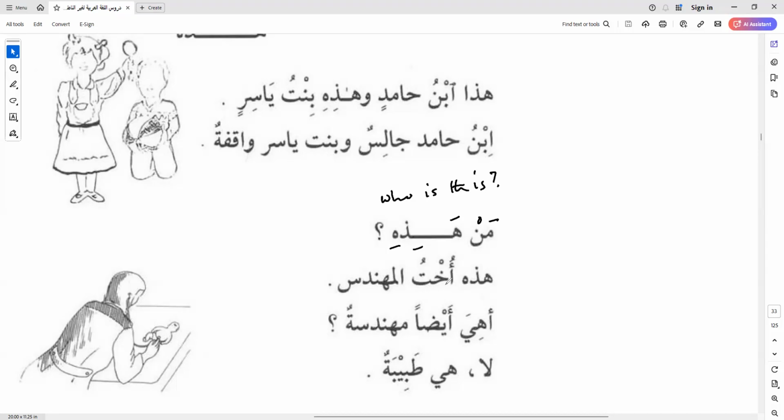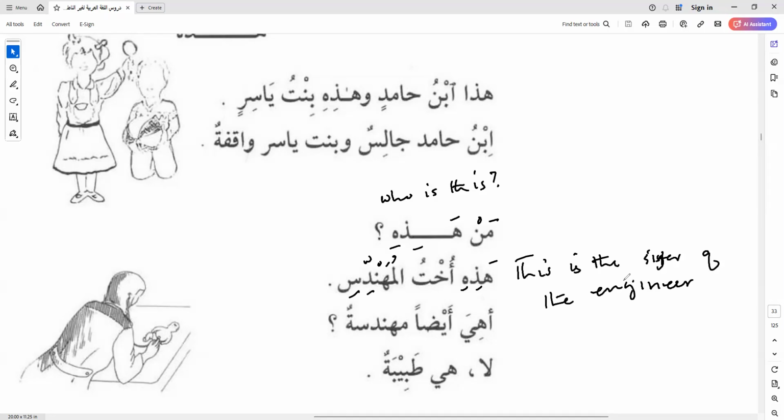So let's see. هذه أخت المهندس. So we are saying this is the sister of the engineer.